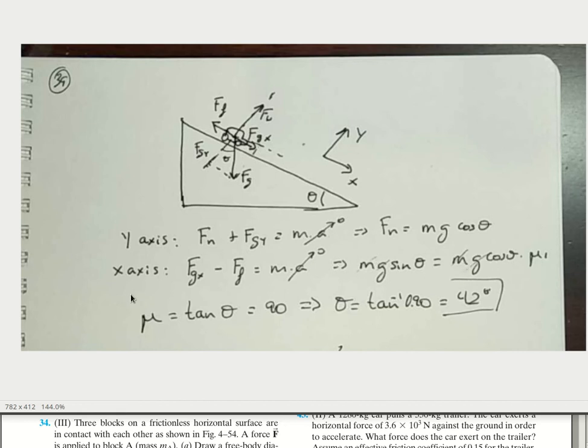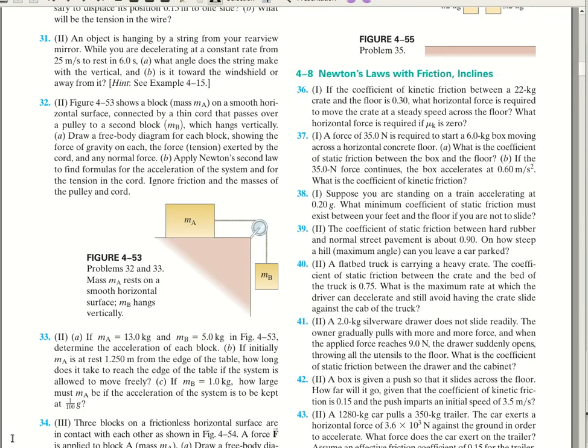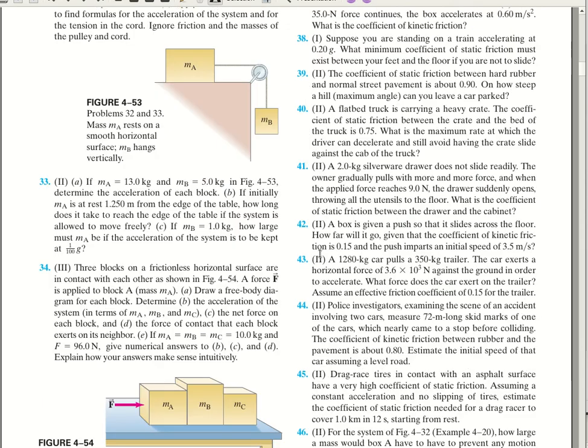The mg cancels, so mu has to be equal to the tangent of theta, which is 0.9, and so theta is the arctangent of 0.9, which is 42. So they ask what is the maximum angle: 42 degrees.